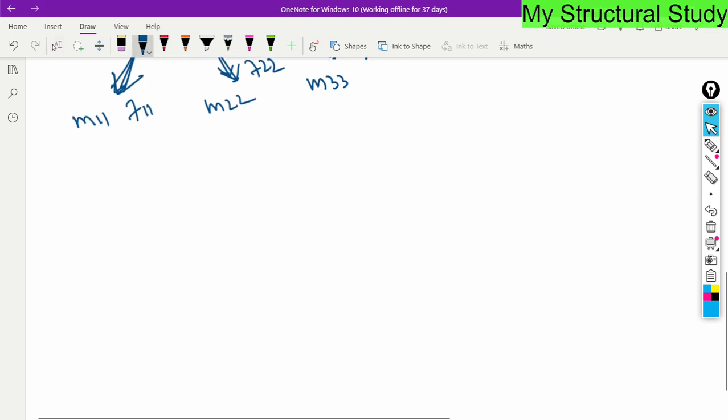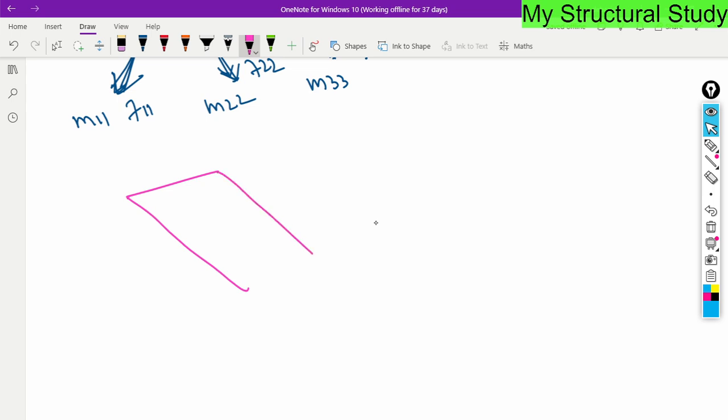Now for area element, suppose this is the area element, this is a slab, this is a shear wall.